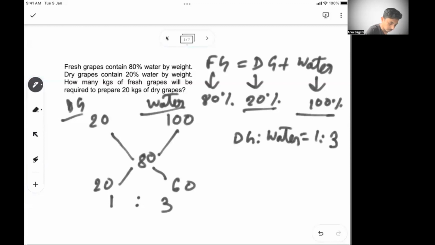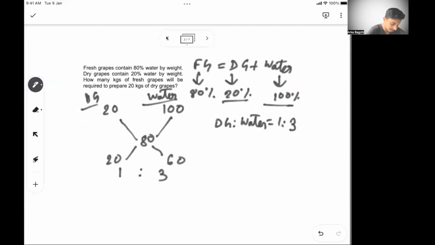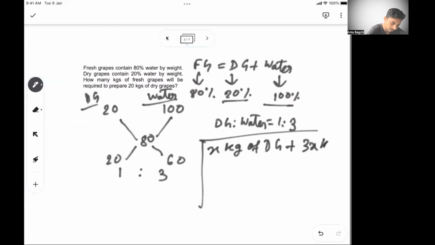So basically, can I say x kg of dry grapes plus 3x kg of water should give me 4x kg of fresh grapes.